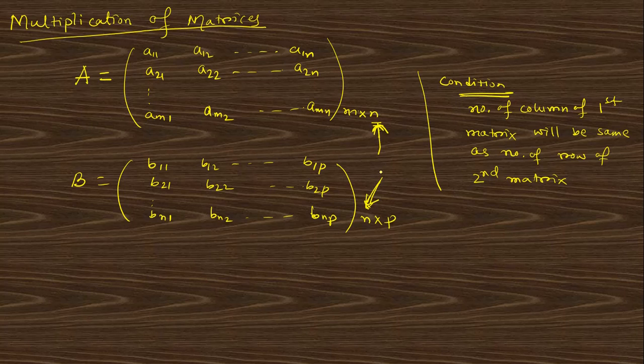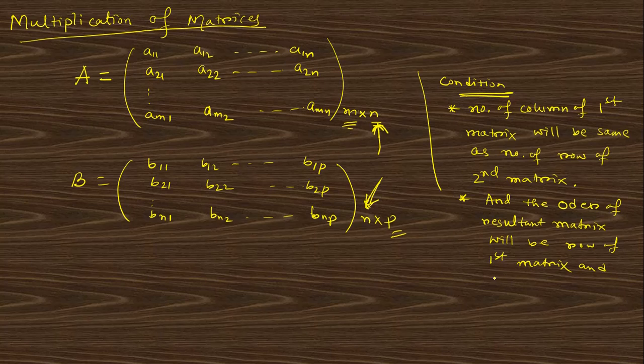If these are the same, then the multiplication is possible, and the order of the resultant matrix will be the number of rows of the first matrix and the number of columns of the second matrix.